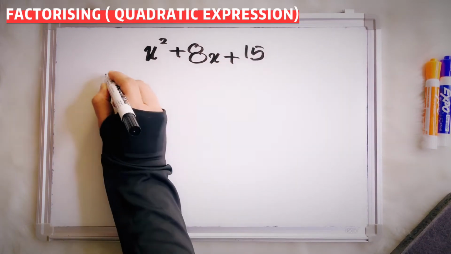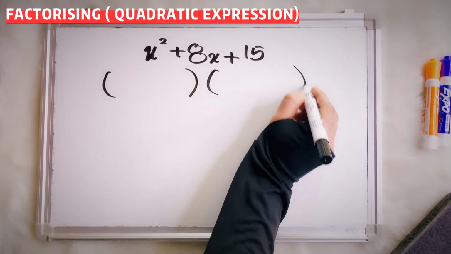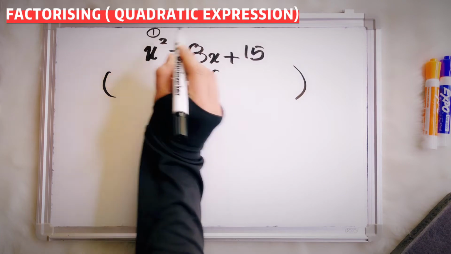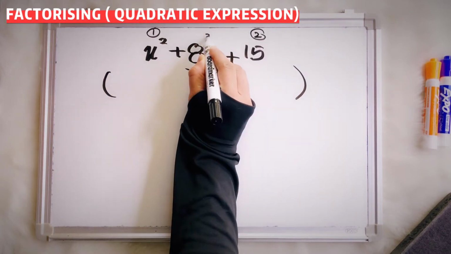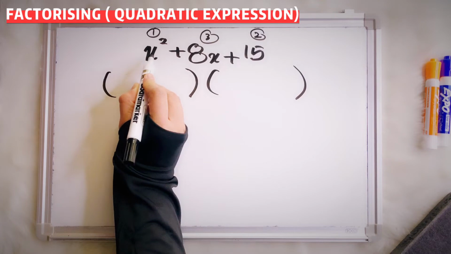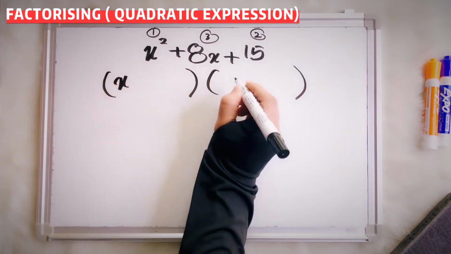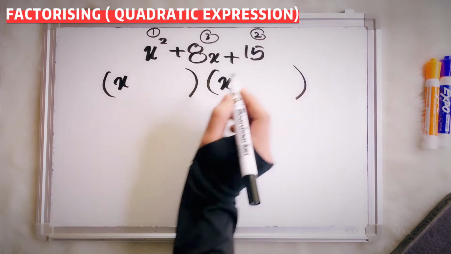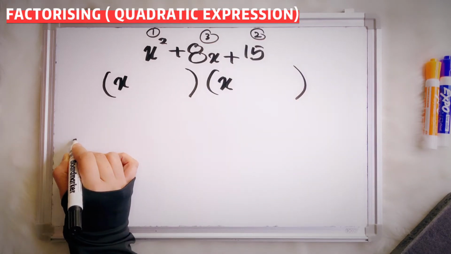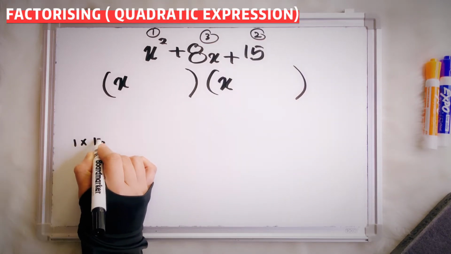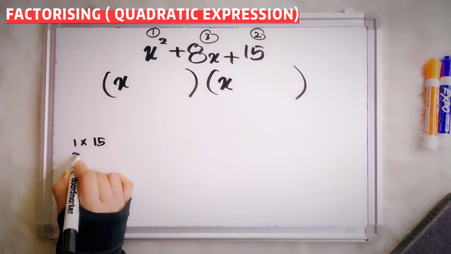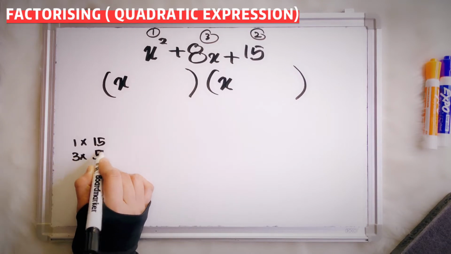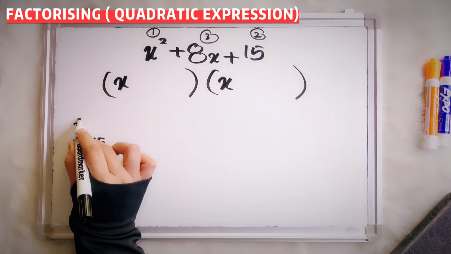This is the first term, the second term, and the third term. The first one, x squared, means we put x here and x here. Now we list all the possible values for 15: 1 multiplied with 15, and 3 times 5.